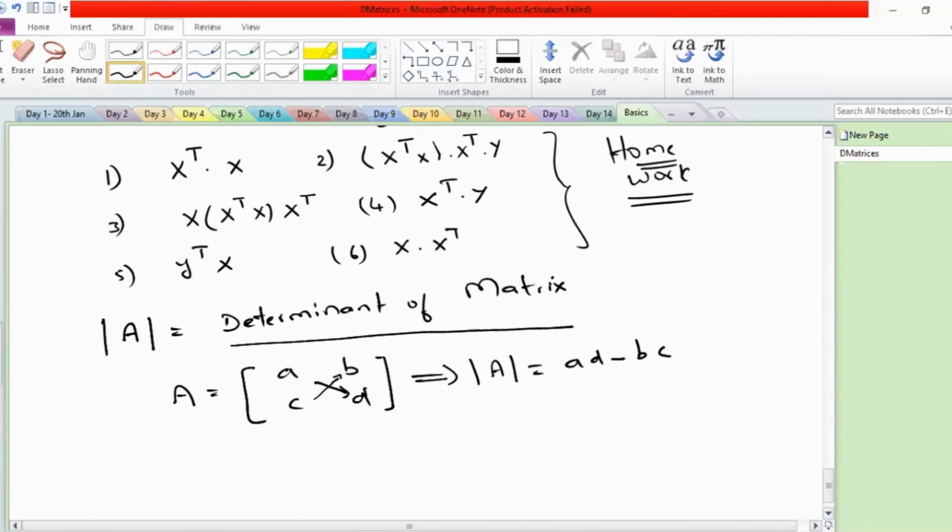Remember, this is not a modulus. Modulus means modulus of minus 2 is 2. Determinant of A is either a positive number or a negative number. Please remember, this is very important. There is a confusion to many people.